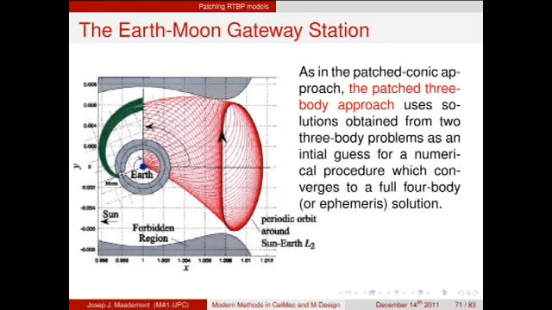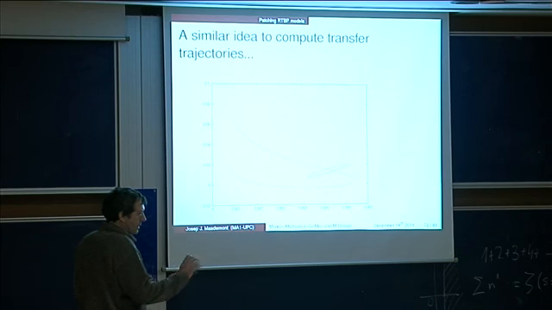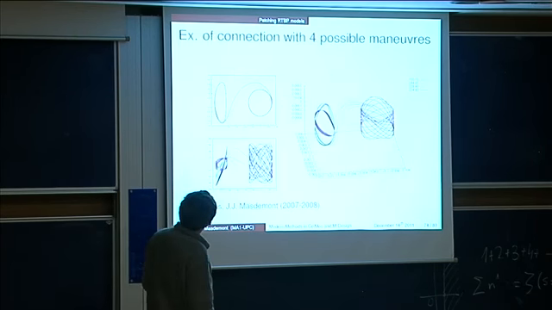And here we will see some. So this is a way to patch a libration point orbit here with some libration point orbit in this way about the Sun. So I'm going to finish this.